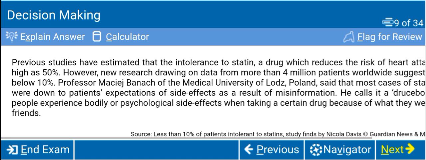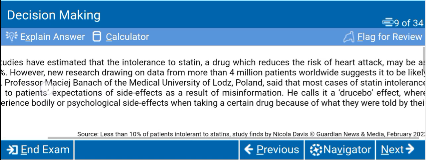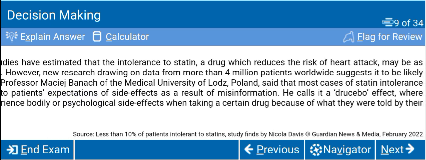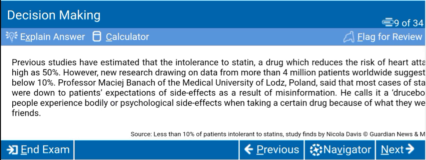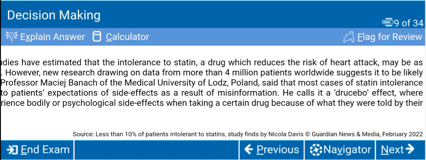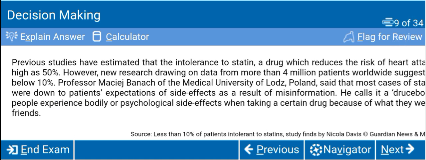Previous studies have estimated that the intolerance to statin, a drug which reduces the risk of heart attack, may be as high as 50%. However, new research drawing on data from more than 4 million patients worldwide suggests it to be likely below 10%.